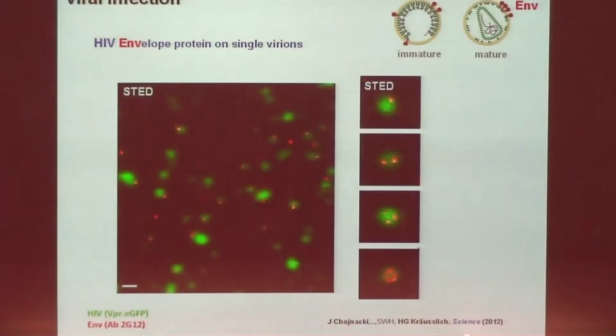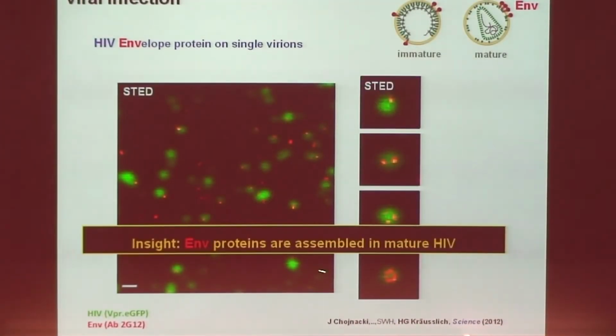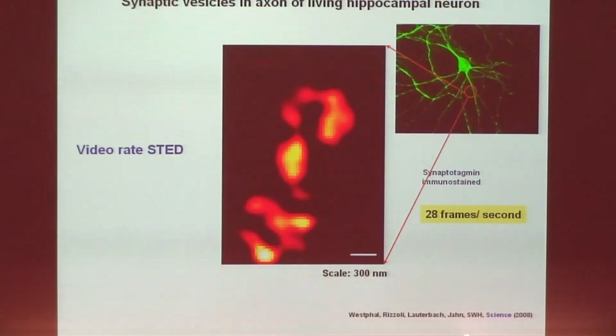So it's not possible to see the structure or the distribution of those proteins, but here you can see it quite nicely. To cut a long message short, because you're not interested in the biology, you learn something about the distribution of these proteins that are very important for HIV particles, and about their role in infecting the next cell.